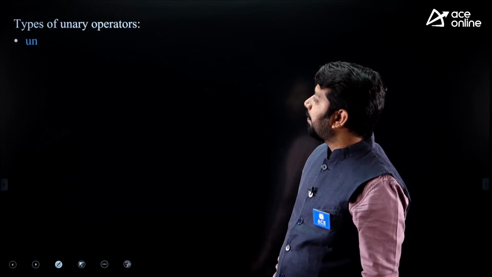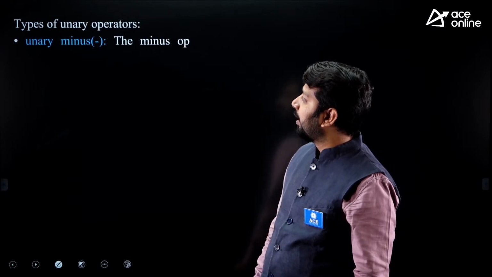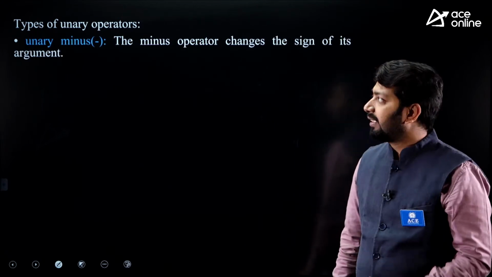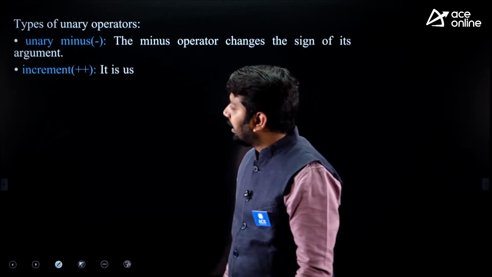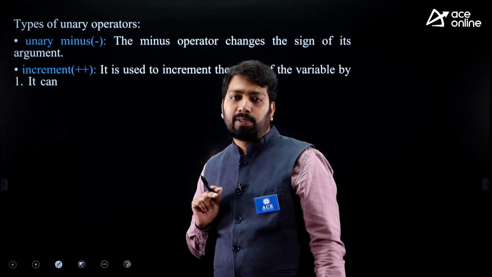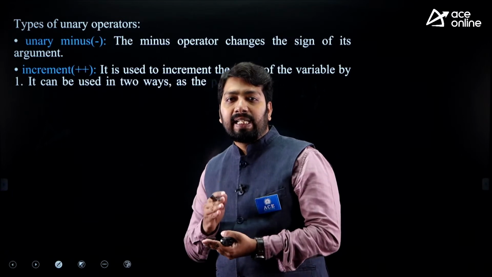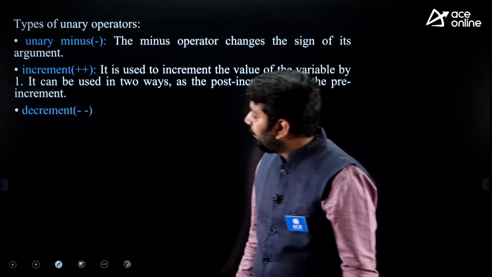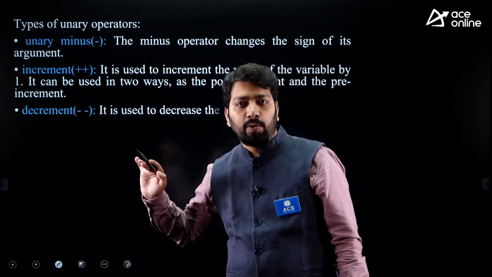Let's see types of unary operator. First is unary minus. What does unary minus do? It will just change the sign. If we use increment plus plus, either pre or post, fine, it will increment the variable by value 1. Same way there is decrement pre and post.